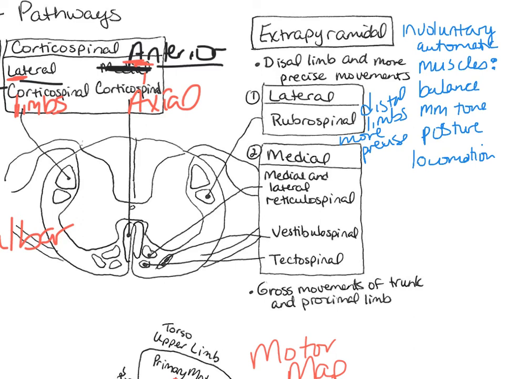Whereas the medial one is going to control muscles of the neck, head, and proximal limbs. So much more clunky motions. Gross movements of the trunk and the proximal limbs.